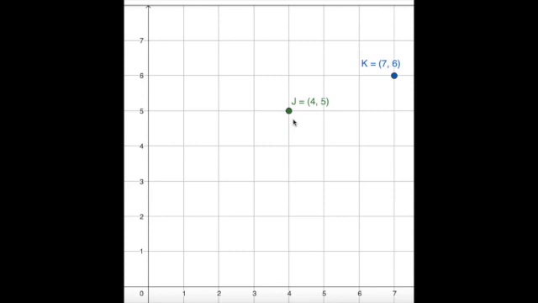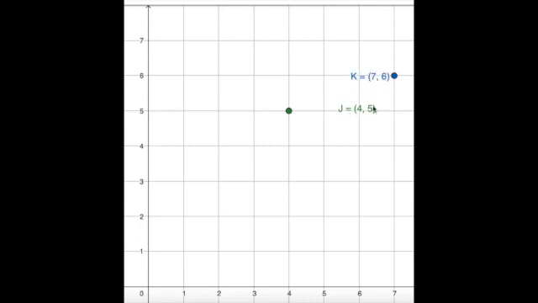Or we can just think about the difference in our coordinates. If I didn't know where these points were, I could say, all right, we have K equals 7 comma 6 and J equals 4 comma 5.